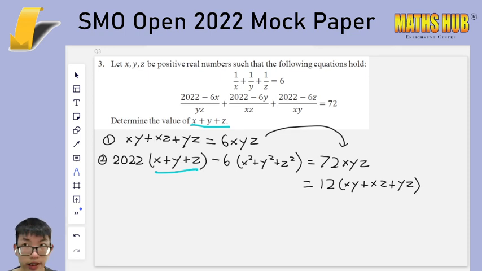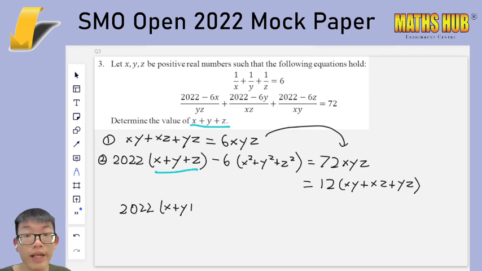Now, upon doing this, hopefully you would realize that the x squared plus y squared plus z squared and xy plus xz plus yz are exactly in the correct ratio of 1:2, meaning that if we move it to the other side, 2022 times x plus y plus z would just be equal to 6 times x plus y plus z squared.